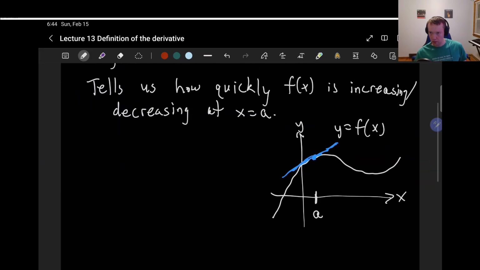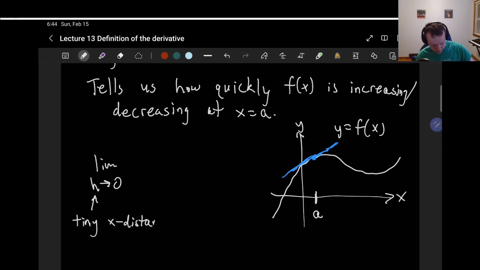And this we discovered by finding a limit. And here's the main version. There were two versions, but we use the h one. And the idea is that h is a very tiny x distance along the x-axis. And now this part is going to look like a slope because it is.